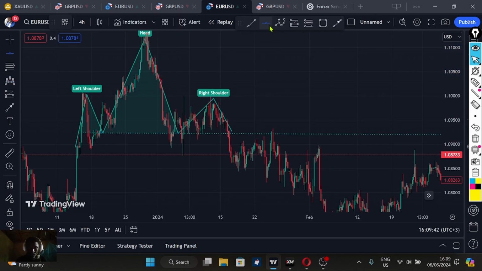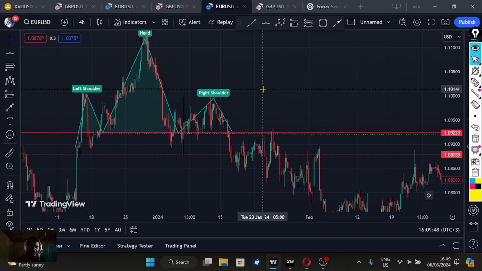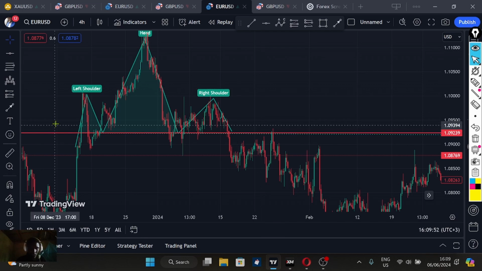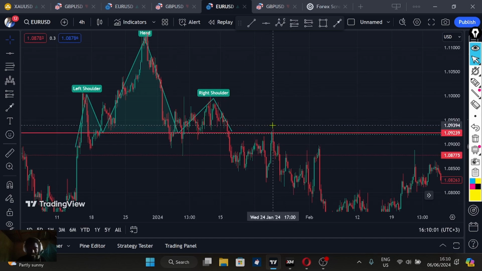Now, this is a reversal strategy. When you have this kind of market, we wait for the market to test this level, the neckline level. This is called the neckline level. When the market tests the neckline level, now we know that this is a reversal.